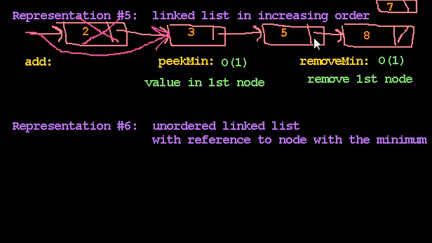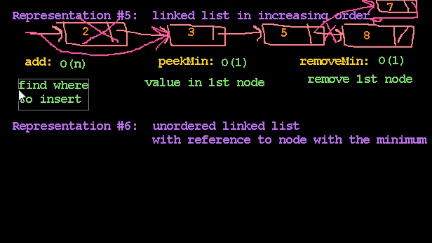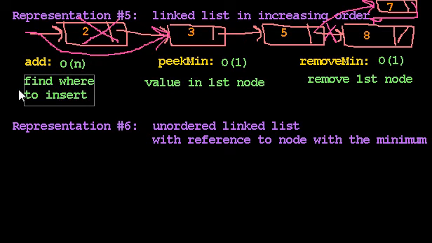Change that pointer to go to my new node, which then continues to the old node, and this pointer is no longer here. Potentially I might have to walk down pretty far. I might get lucky and insert the new minimum, and that will be constant time. But in general, I'm going to walk down this list a considerable way, maybe halfway, maybe all the way, and therefore this is going to be a linear time operation because I need to find where to insert, which involves walking down the list.